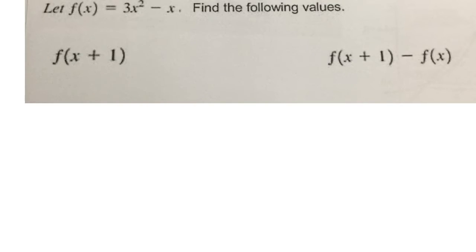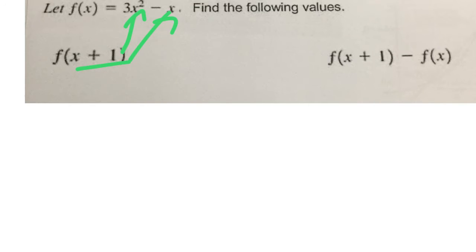Now these two are helping lead you up to the difference quotient. So we want to find what is f of x plus 1. So we're substituting in x plus 1 for x.